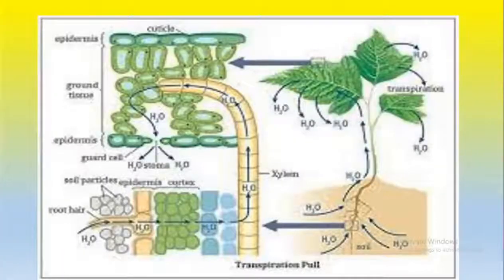The third point is transpiration pull. This is the diagram which shows how the cohesion and transpiration pull theory works, starting from absorption of water from the root and the loss of water through transpiration. This is very interesting to see.